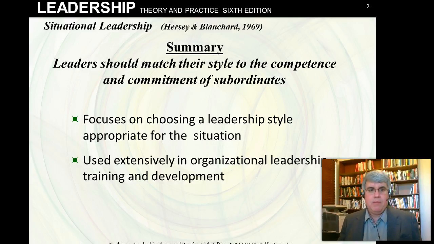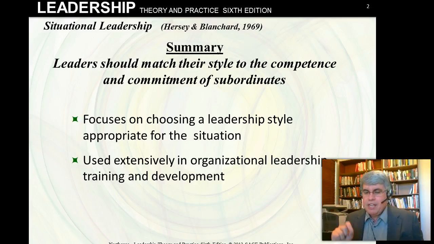Situational leadership basically says that the leader should choose one of those four styles of leadership based on the characteristics of the subordinates, and we're going to see it's the competence and the commitment. So what this theory does is it focuses on choosing a leadership style appropriate for the situation. That's why it's called situational leadership, because you look at the situation and you choose a leadership style that corresponds to that.